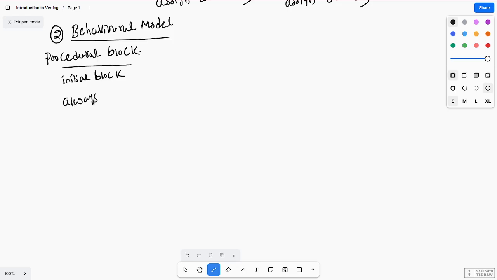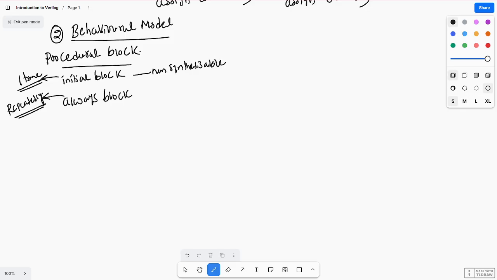Initial block means what? It will be executed only one time during simulation time. Always block means it will execute repeatedly. This is non-synthesizable. What is non-synthesizable?